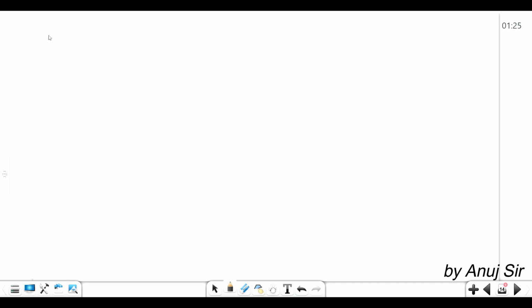I is equal to, I hope you have understood the first two proofs because they were very similar. Now this is something different, but it is also a very easy proof. 1 upon x square root of x square minus a square dx.